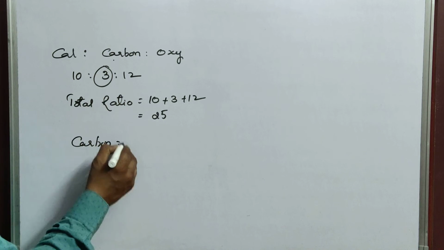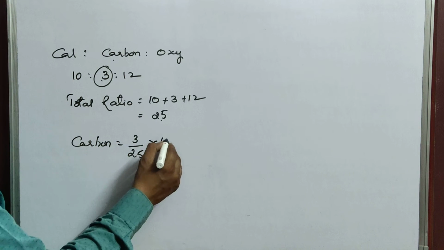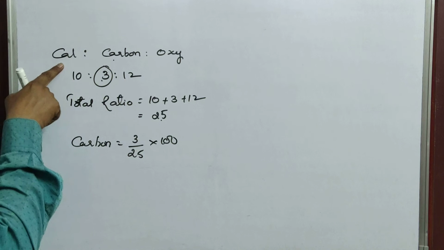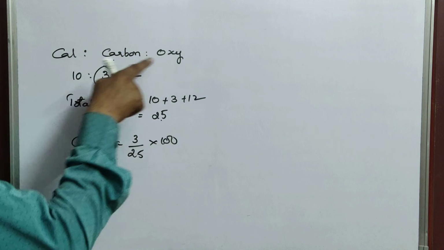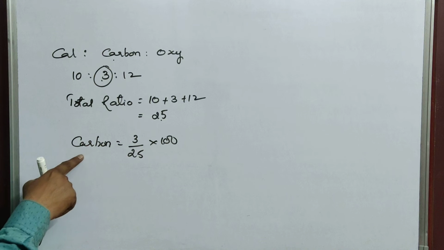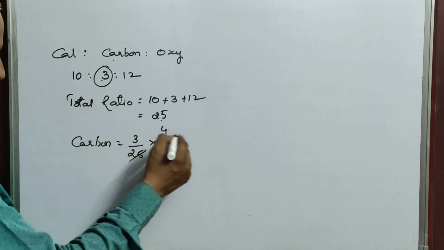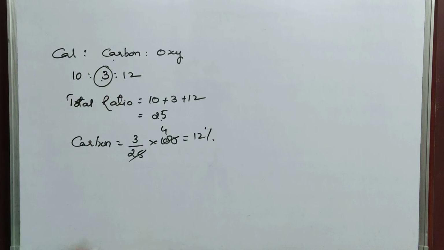Carbon equals 3 by 25 into 100. If you ask calcium, 10 by 25 into 100. If you ask oxygen, 12 by 25 into 100. But here you ask carbon, so 3 by 25 into 100. 25 ones are 25, 25 fours are 100. 12%.